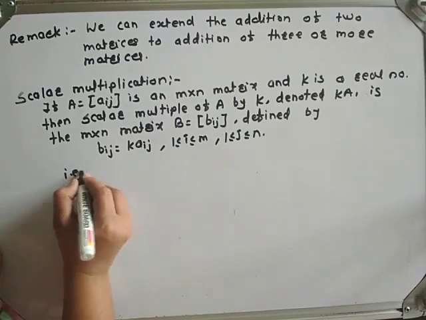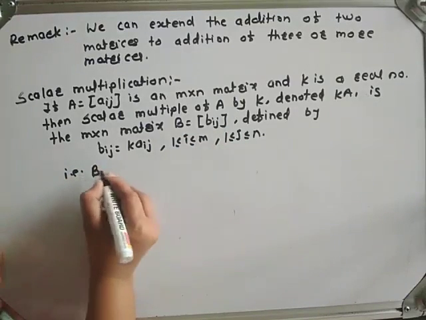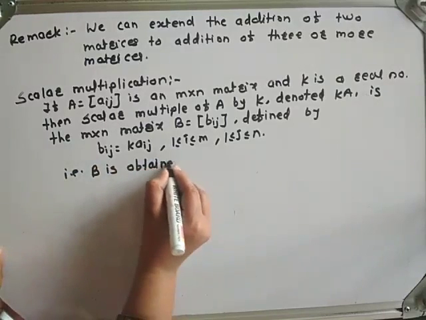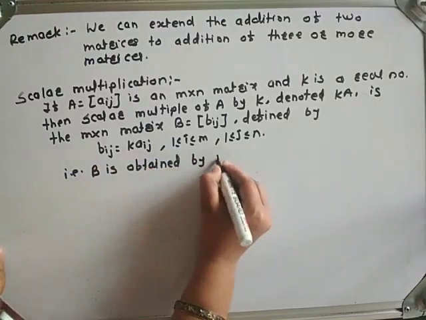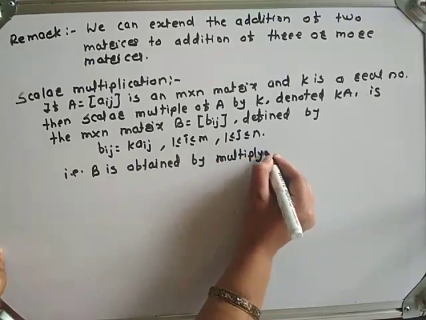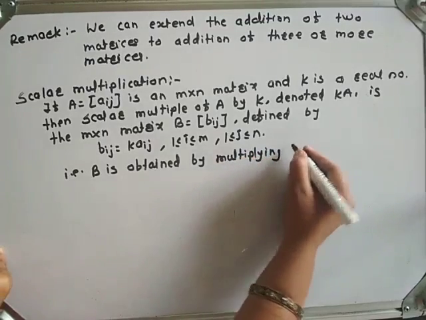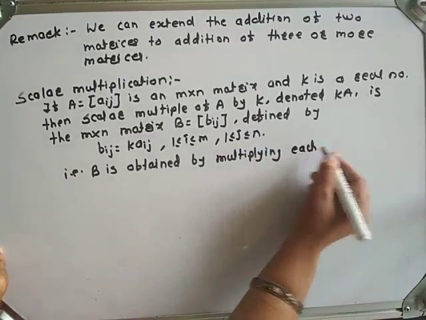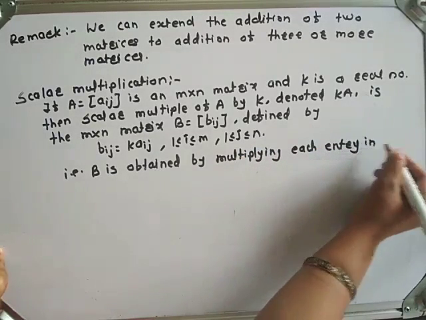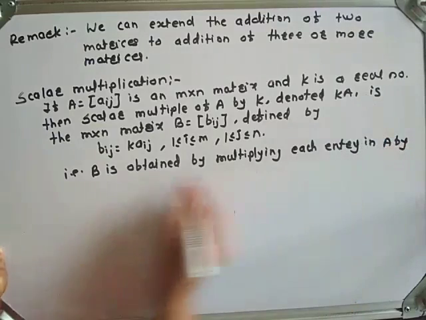That is, B is obtained by multiplying each entry in A by K.